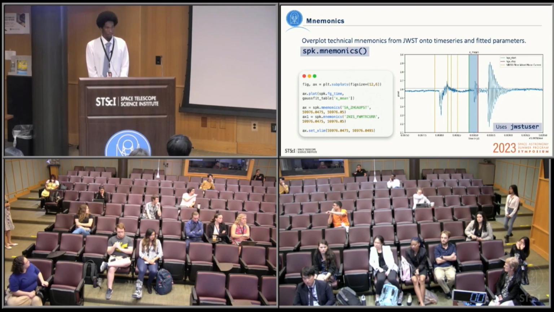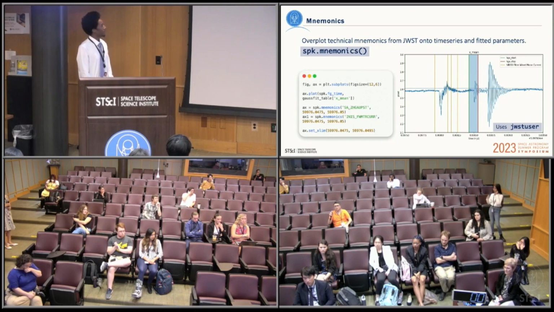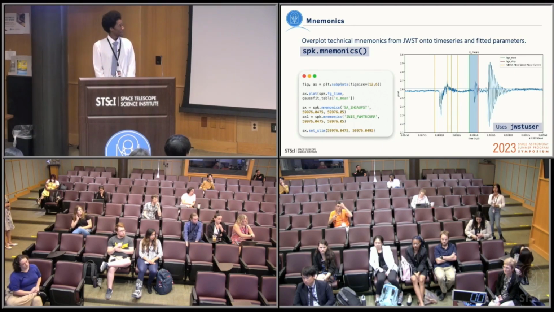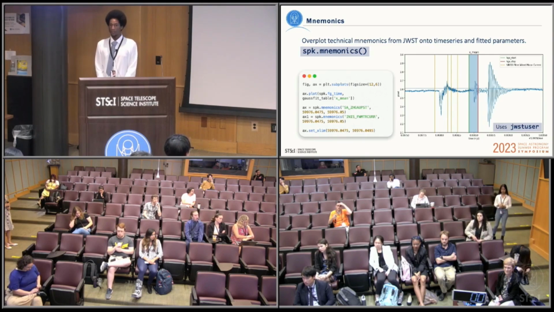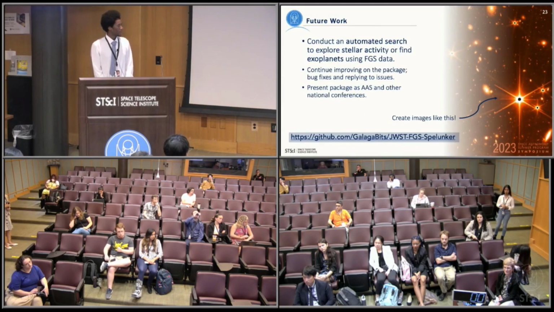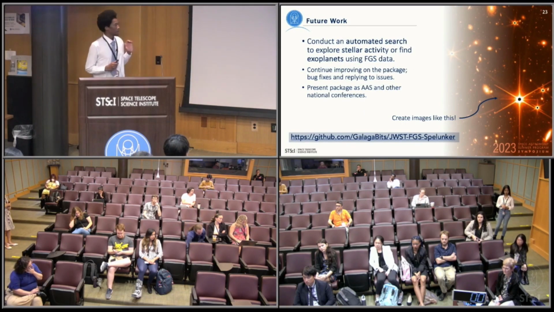Yes. So for the mnemonics, the way this works is that you need to input your own MAST API token. You can specify that within the Spelunker.load function. There are multiple parameters, and on the GitHub there are more ways to do that, for mnemonics and other things as well.